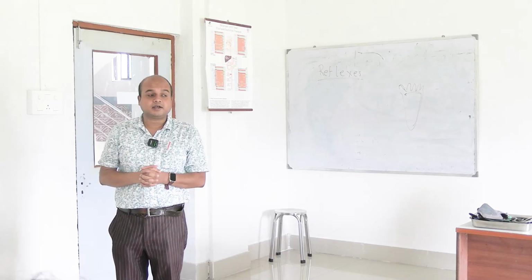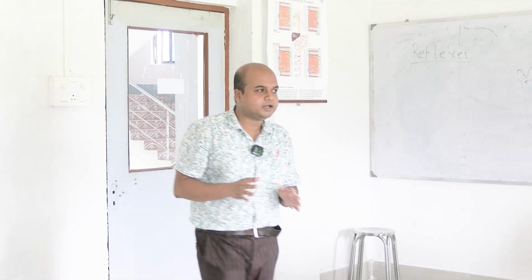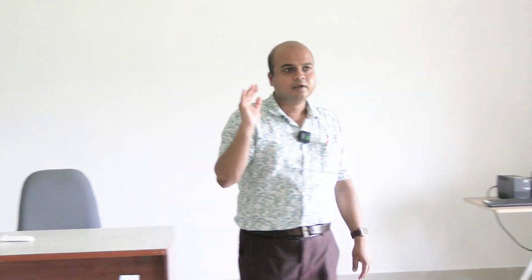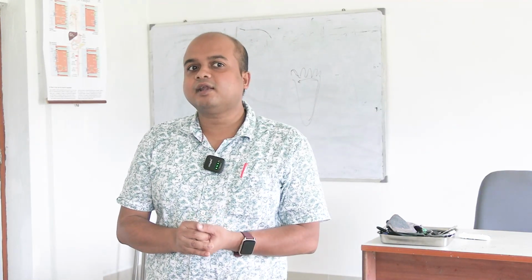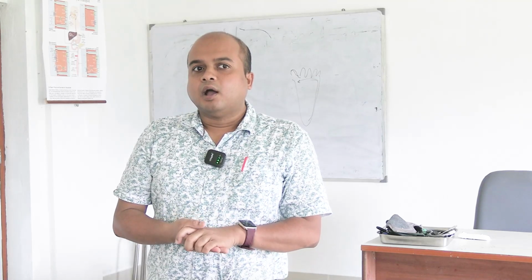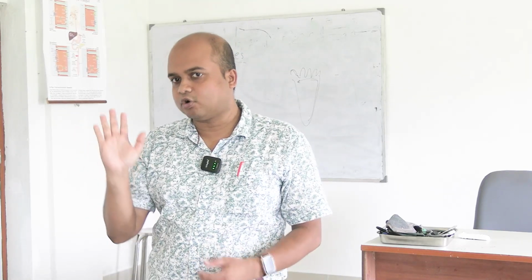The normal response of the reflexes, which we learn here physiologically, is due to prevention of excessive lower motor neuron activity, and that is one of the functions of the upper motor neurons. If that is absent, when upper motor neuron lesions are there, then reflexes are exaggerated, and in plantar reflexes, instead of plantar flexion, there will be dorsiflexion.